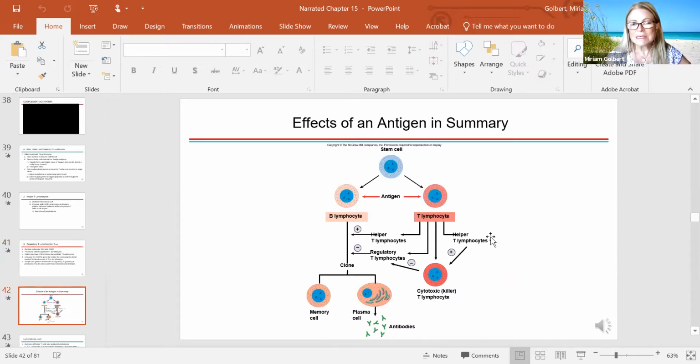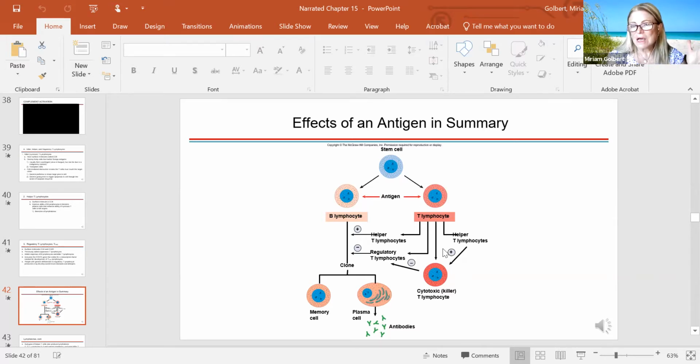So this is something that you should remember, that anytime there is an antigen present, both of these two cells are going to start being active. It's not that one starts and then the other, they're both at the same time. So the B cells will start making antibodies.